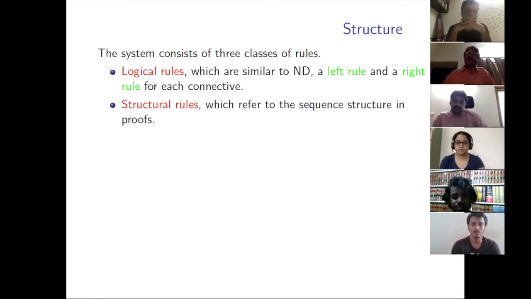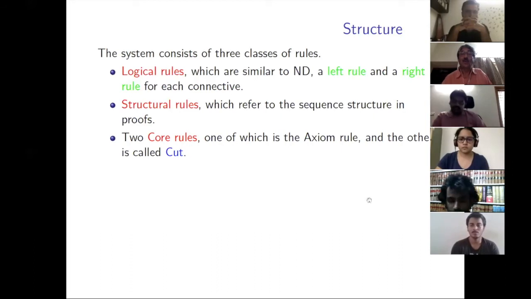Classical logic doesn't have this, but Gentzen was interested in having a very general idea of a proof, where, like I said, the context may actually matter, the order may matter. So structural rules are to explicate the dependence if there is any.